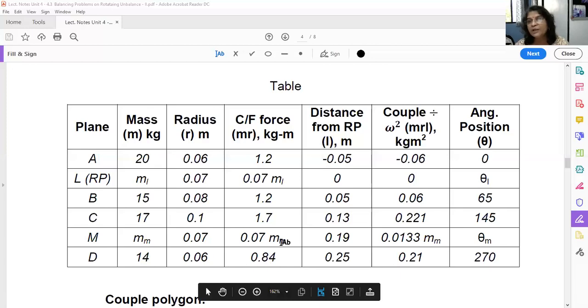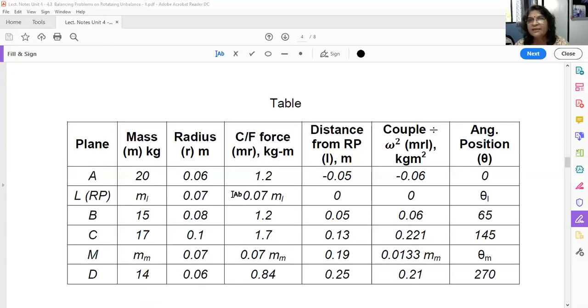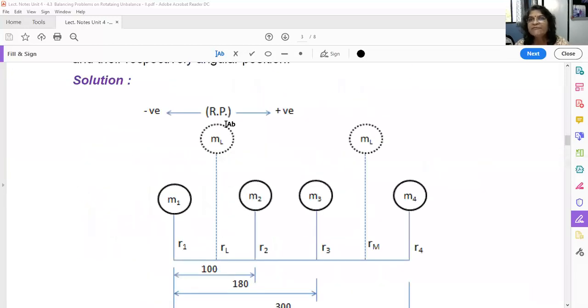So what you have to do? You have to take a reference plane either at L or at M, so that one unknown will be eliminated. And what is the other rule? As far as possible, take the reference plane on the left hand side. That's why here we have taken plane L as the reference plane. Here it is written RP.